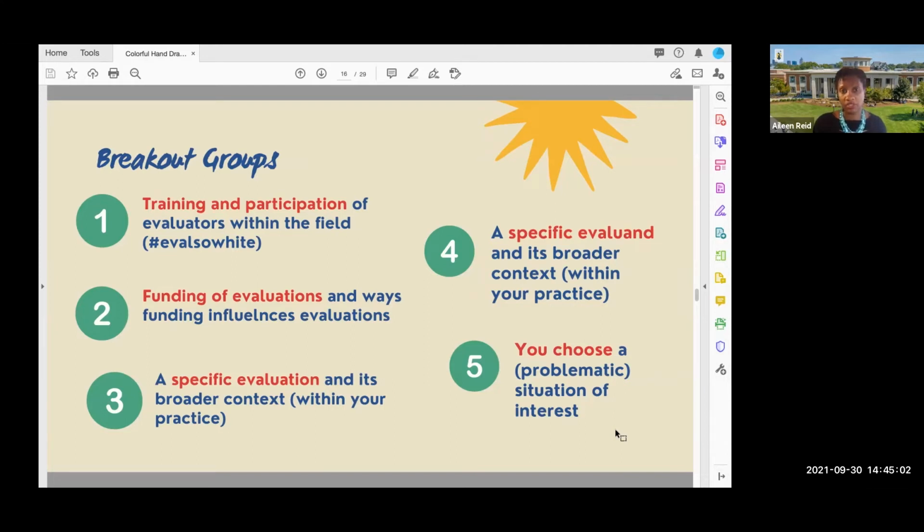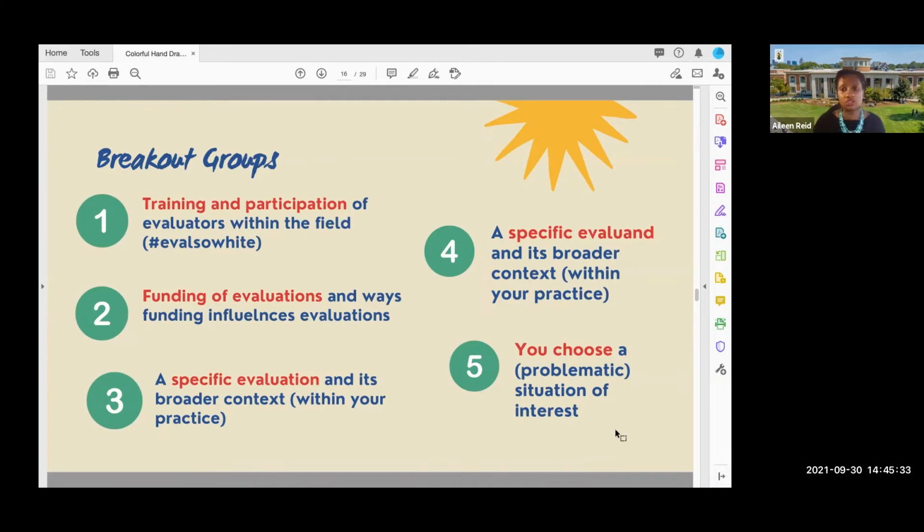Funding of evaluation and ways that funding influences evaluations, that's another area. Perhaps you have a specific evaluation and its broader context within your own practice that you are wrestling with. This is an opportunity just to flesh that out and express whatever frustrations or problems you're experiencing. A specific evaluand and its broader context within your practice.